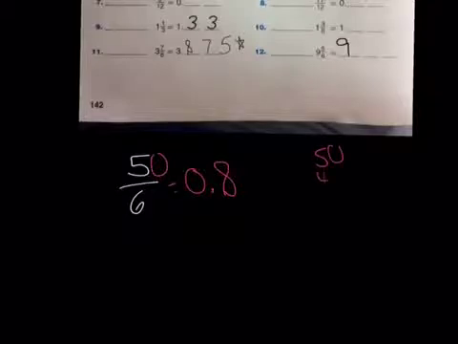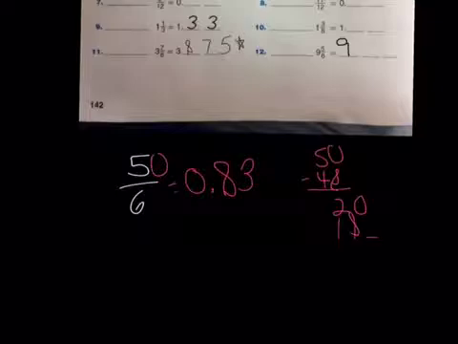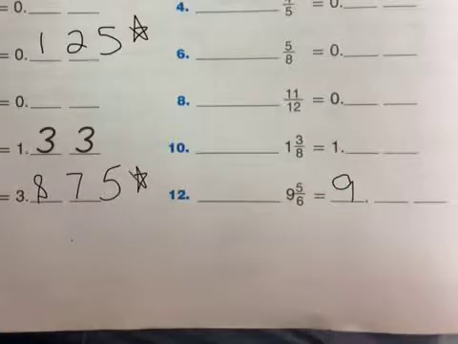So 50 minus 48 equals 2. But we want to turn that into 20. And how many 6s are in 20? 6 times 3 equals 18. And we have 2 again. So it's going to continue repeating into 20s. So we know that the 3 is going to be bar notation. It's going to continue to repeat. So our answer is 9.83 with bar notation over the 3. Okay, boys and girls, write this one down as well.